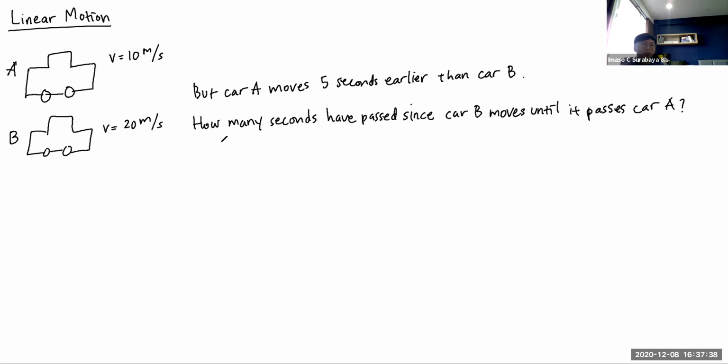But that is the way to answer it if you're doing a mathematics competition. What if you're to do it in a physics competition? How should you do that? Using graphs? No, using equations. So if car B moves until it passes car A, what do they both have the same?